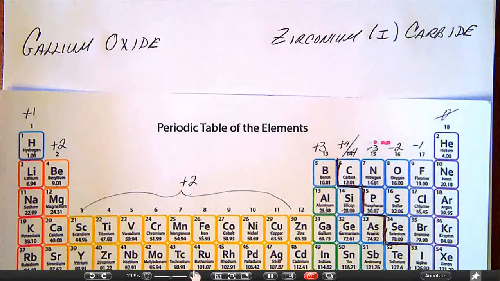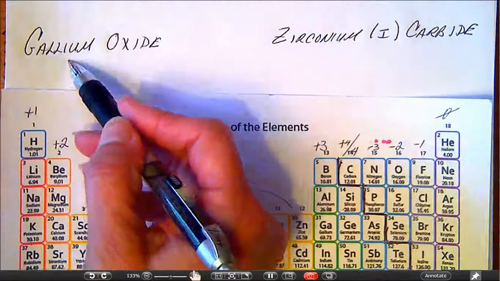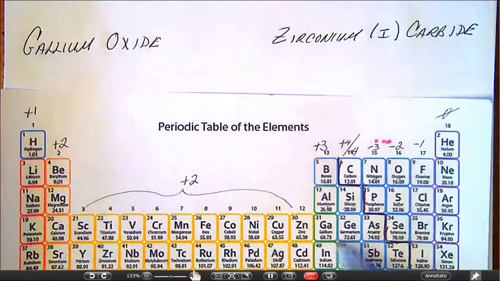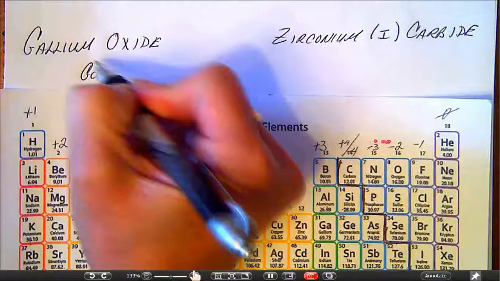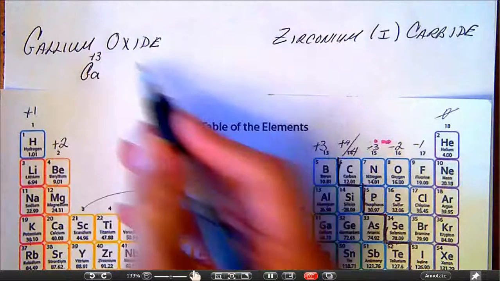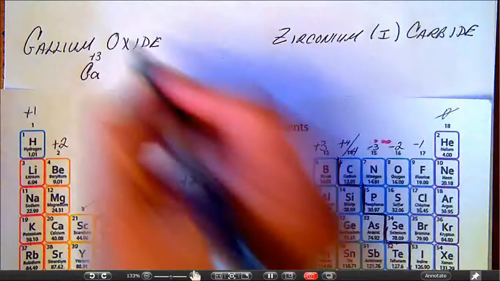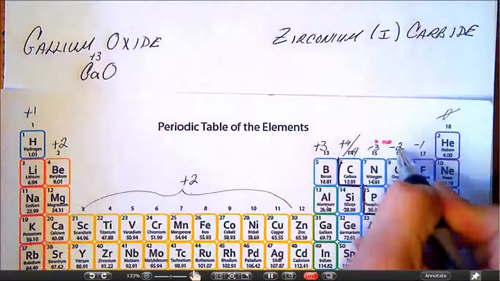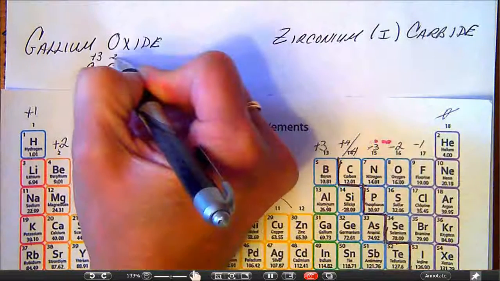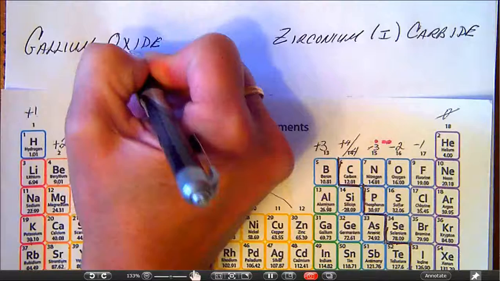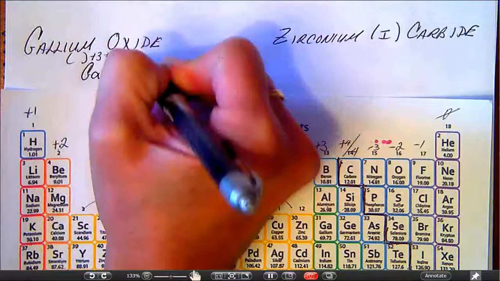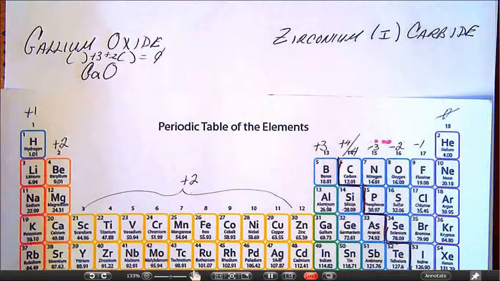We'll do 2 last examples. Gallium over here, so Ga and a +3 charge. Oxide, you already know oxygen, -2. And again, we're going to have to add some atoms so that it equals 0.